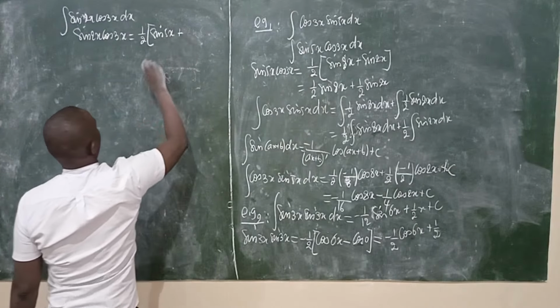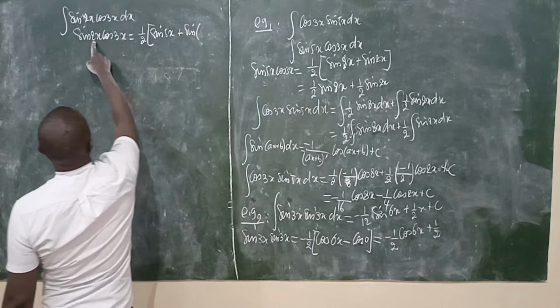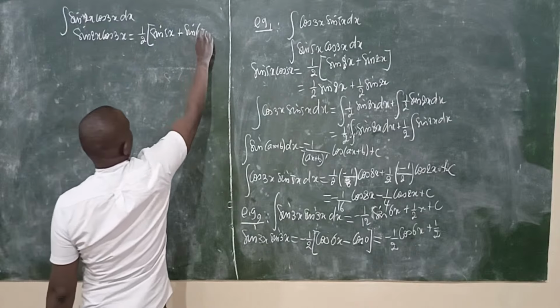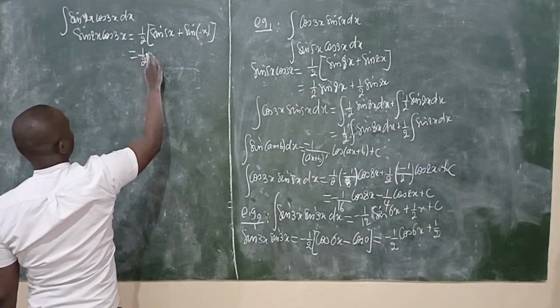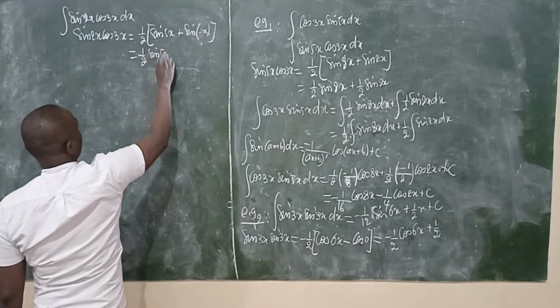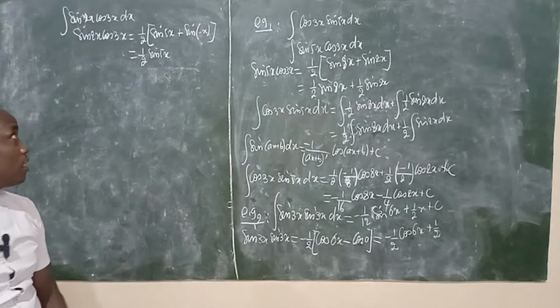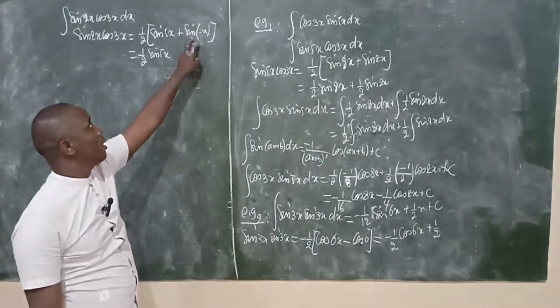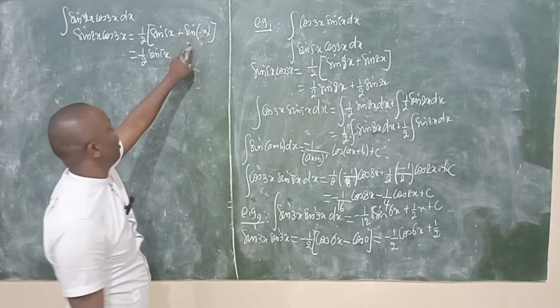plus the sine of 2x minus 3x, that is minus x. This will be 1 over 2 sine 5x. Because sine functions are odd functions, the sine of minus theta is minus sine theta.